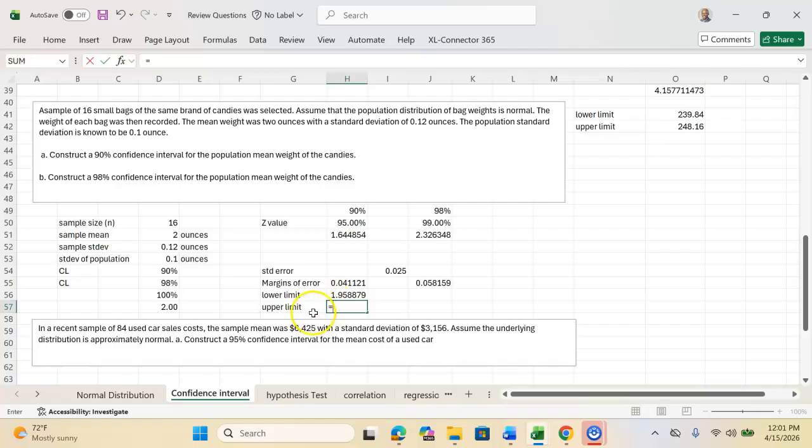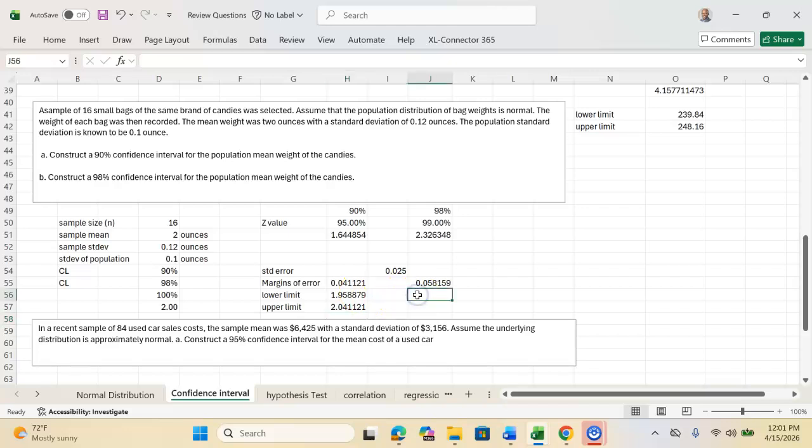To get the upper limit, we're going to take the sample mean plus margins of error and enter. So we have lower limit and upper limit for section A.